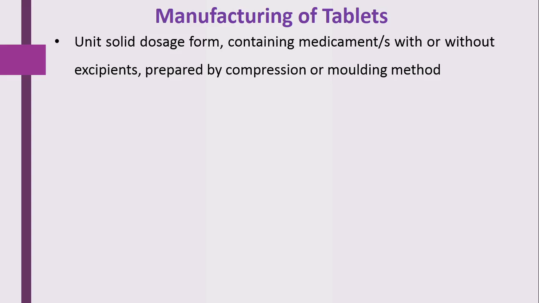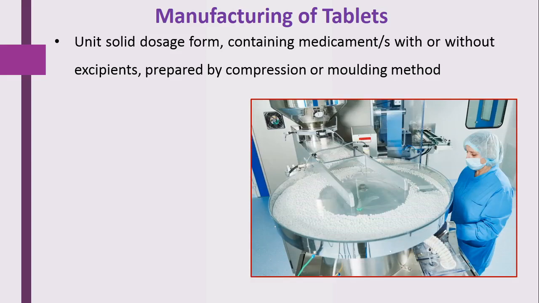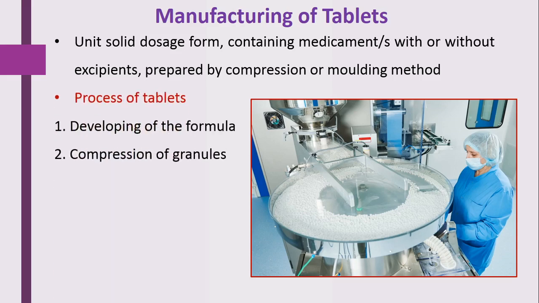So you just remember this tablet. Here in this picture you can see the manufacturing of a tablet going on. This process of making tablets involves two steps. The first one is developing of the formula, and the second step includes the compression of the prepared granules.